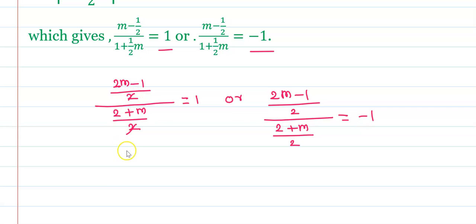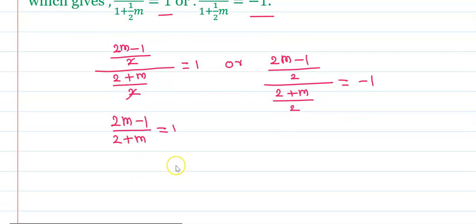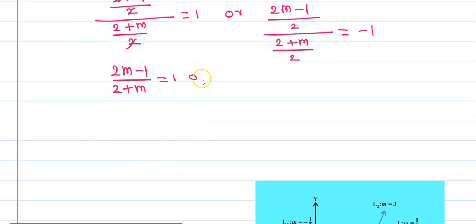These two get cancelled, and we can evaluate this: 2m minus 1 upon 2 plus m, and that's equal to 1. Or here this 2 will get cancelled, you will get 2m minus 1 upon 2 plus m, and that's equal to minus 1.